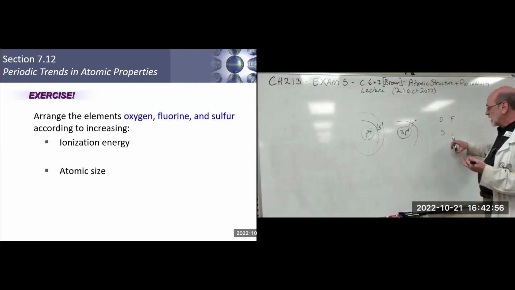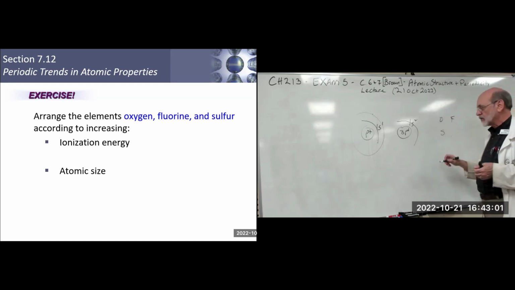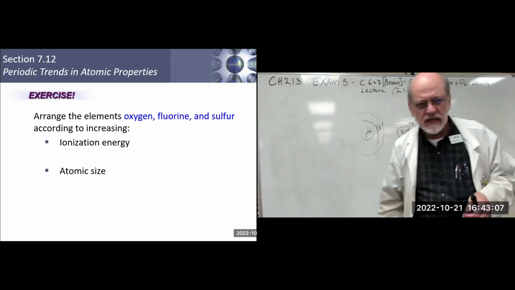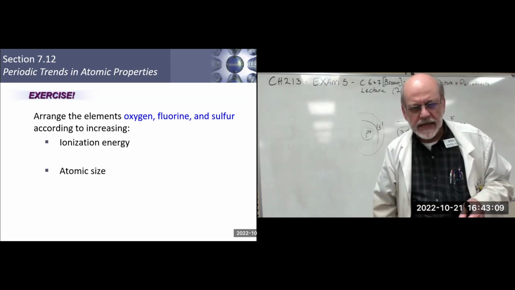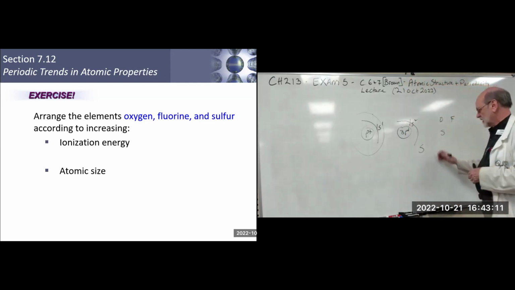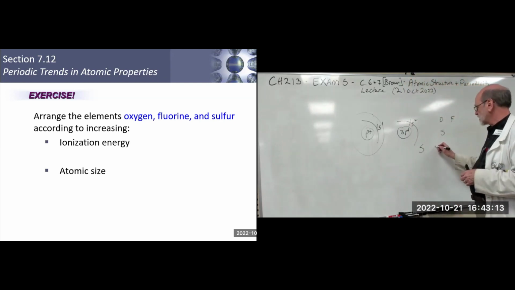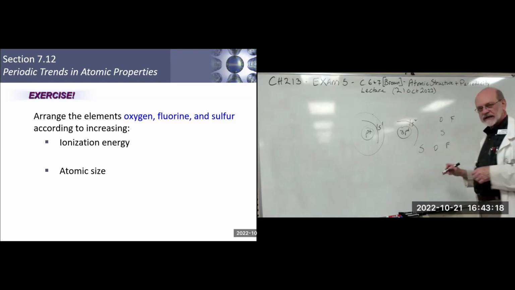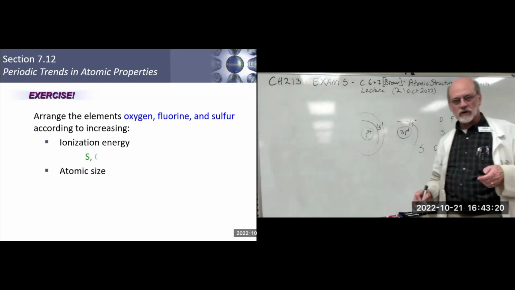Ionization energy is going to increase this way and increase that way. Let's see, does it say increasing ionization energy? So sulfur increases, oxygen increases, fluorine increases. It should be in that order.